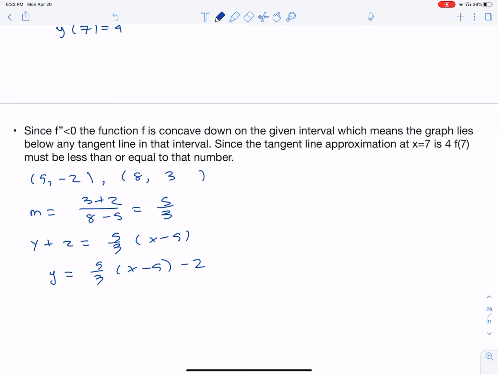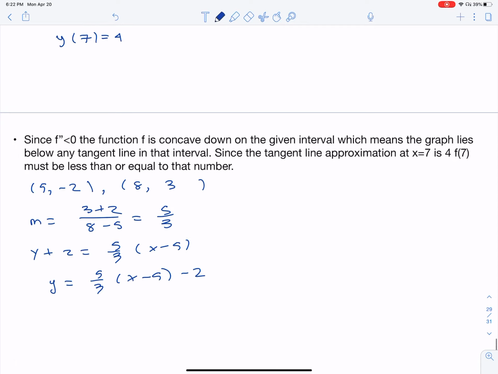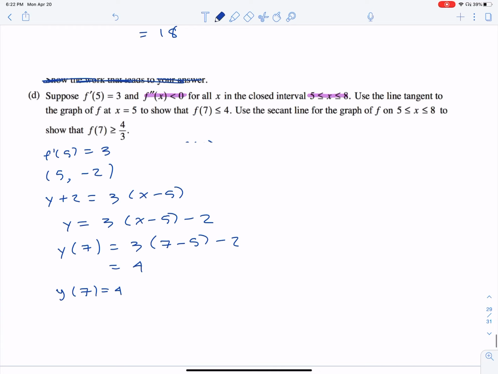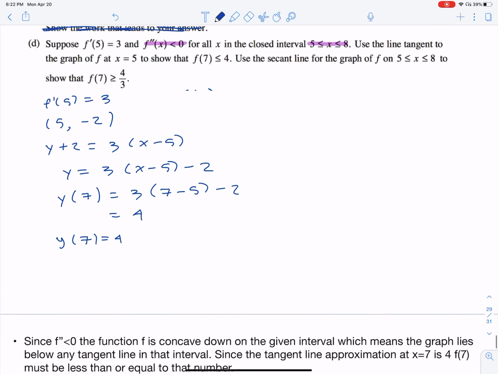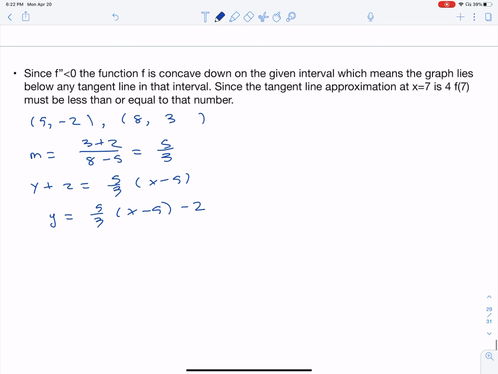I'm now going to evaluate the secant line at, what did they ask me to evaluate it at? Show that f of 7 is greater than or equal to 4/3. So I'm evaluating the secant line at 7, and let's see what we get. 5/3 (7 - 5) - 2. 7 - 5 is 2, so that's 10/3 - 2, which is 4/3.